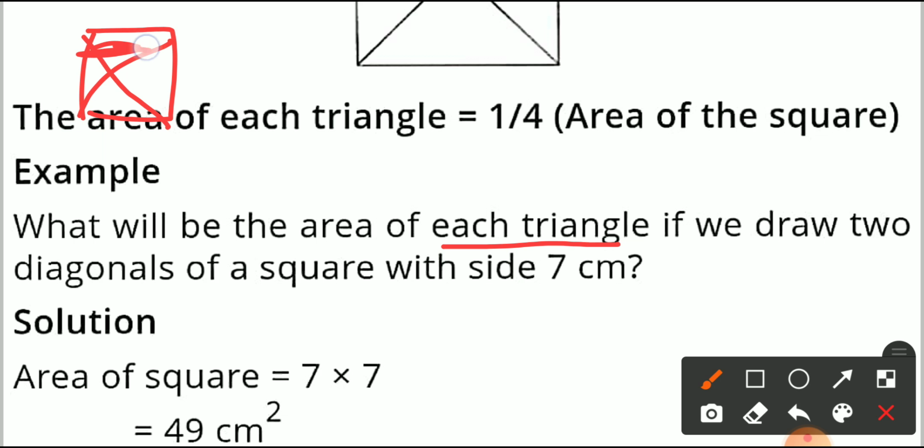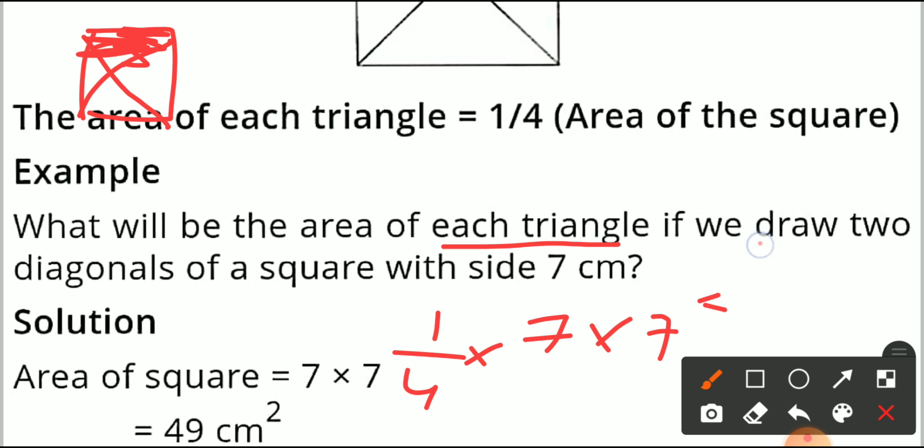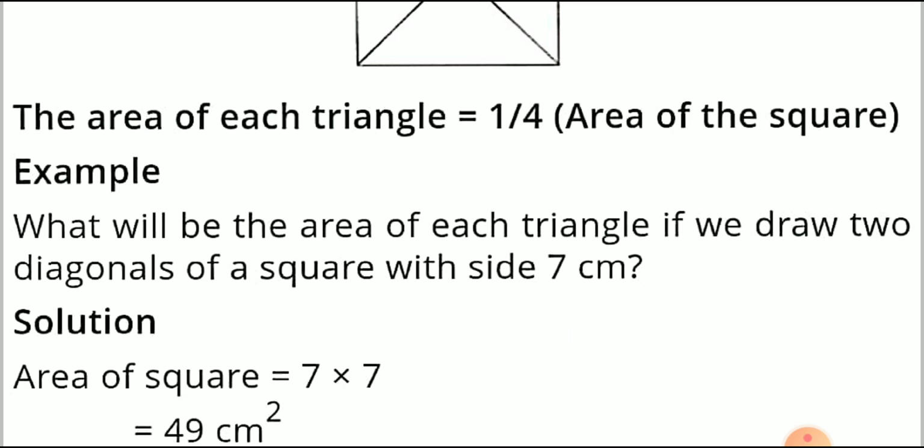We need to calculate the area of any one of these triangles. Understood? So what you need to do: you multiply 1/4 with the area of the square. What is the area of the square? 7 into 7. So the area will be 49 upon 4.